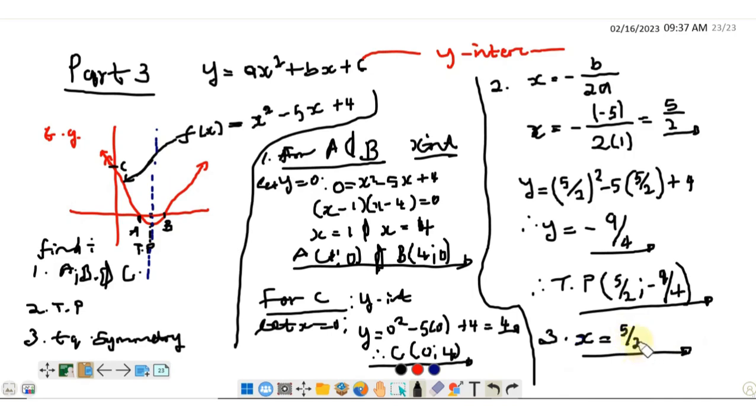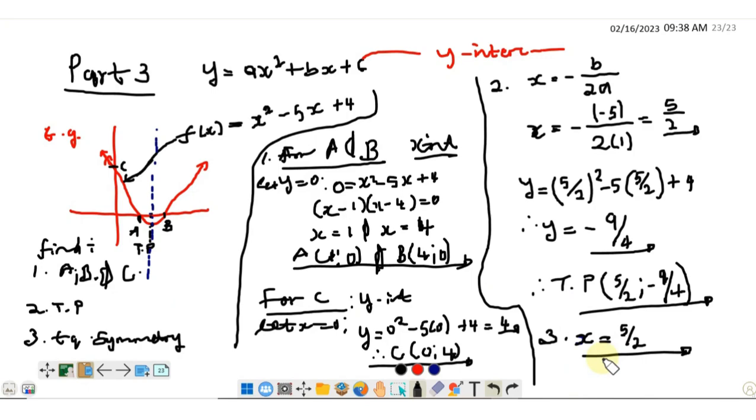So if we make a straight line x equals 5 over 2 there, and take half of the graph about that line, we will get the same half on the other side. That is symmetry, the same half on each side.